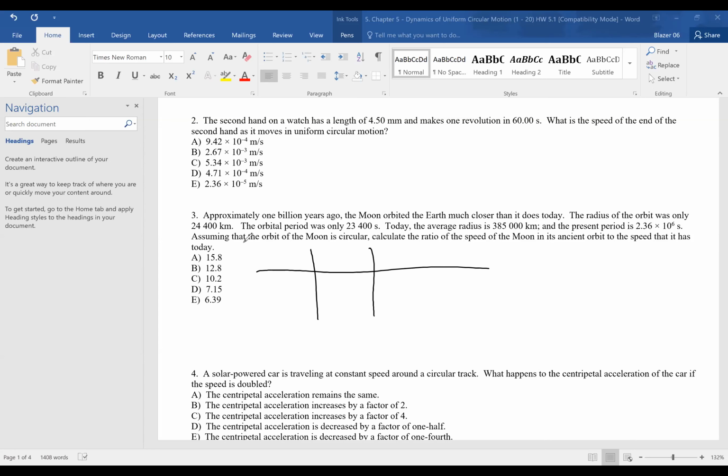Assuming that the orbit of the Earth is circular, calculate the ratio of the speed of the moon in its ancient orbit to the speed that it has today.